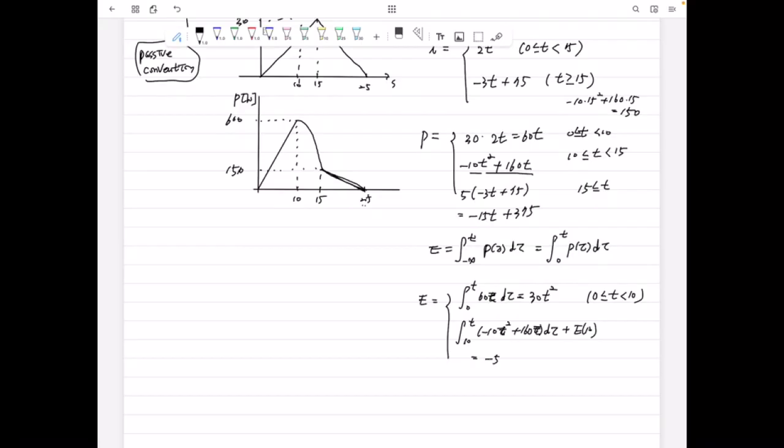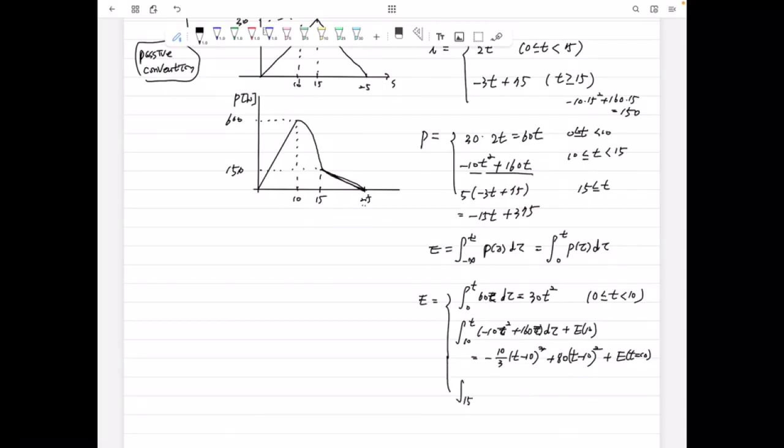So there will be minus 10/3 times (t cubed minus 10 cubed) plus 80 times (t square minus 10 square), plus the energy at t equal 10. So this is the manner.